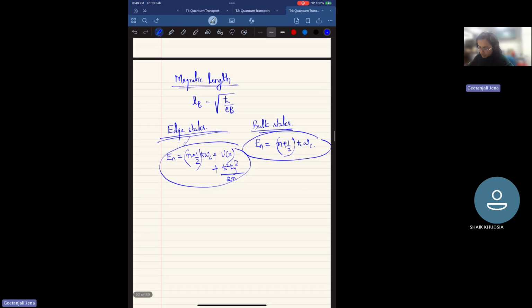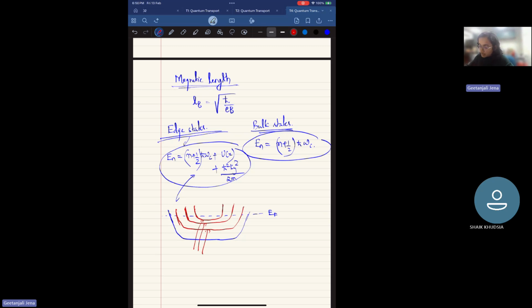And as I have said before, because of this change in energy, if you look at the energy diagram, at the edges the Landau level will cross the Fermi energy. So even though we don't have any bulk states for a given magnetic field, we'll see a state which is propagating along the edges of the sample.